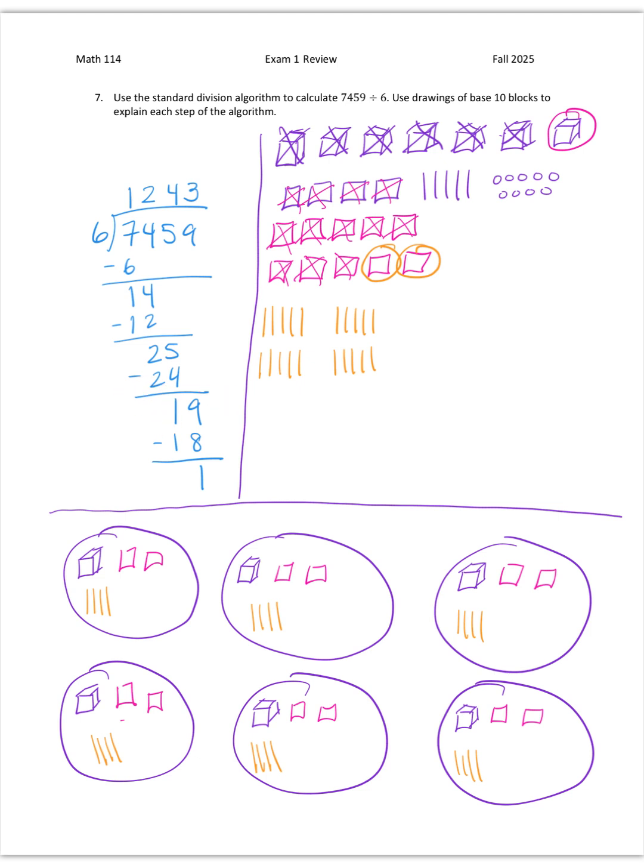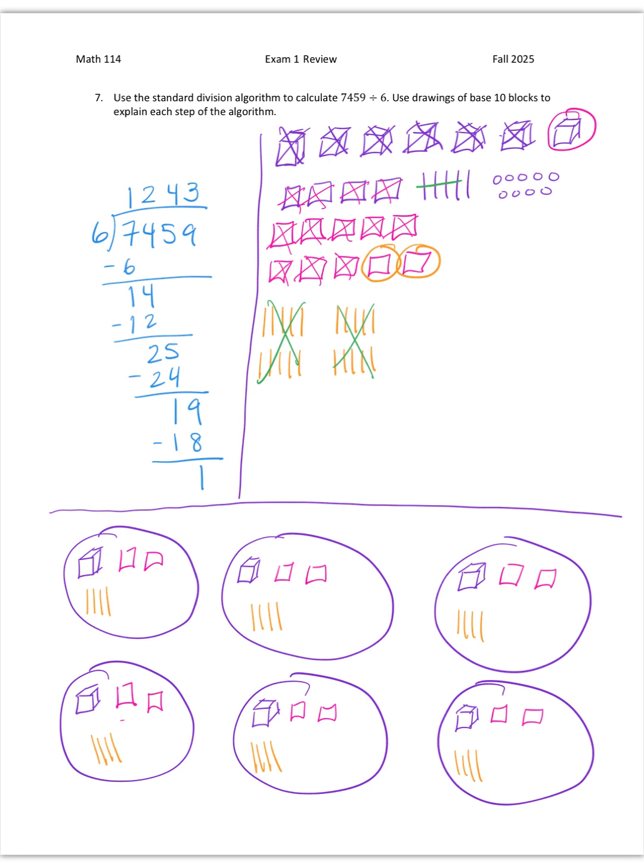So let's cross out what I have distributed already. So I gave out all of these and 4 of these. I have 1 ten left over, which I'm going to have to break apart in order to distribute because I don't have 6 tens left. I don't have enough to put 1 in each group. So I'm going to have to take that last 10 and break it into ones. So let's see. I haven't used blue.